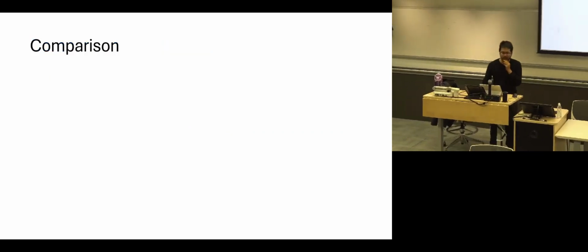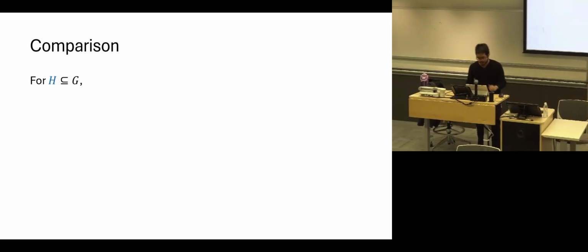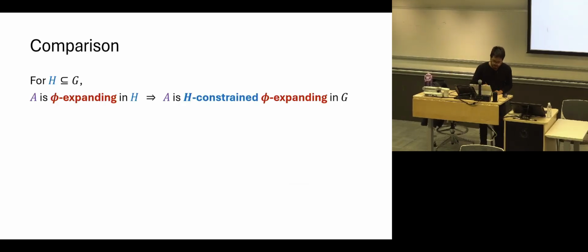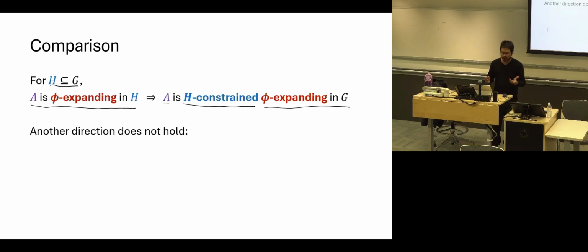Okay, so let me compare it more explicitly again. If H is a subgraph of G, and A is expanding in H, then A is H-constrained phi expanding in G. That's just from the definition. And just to be clear, the other direction doesn't hold.